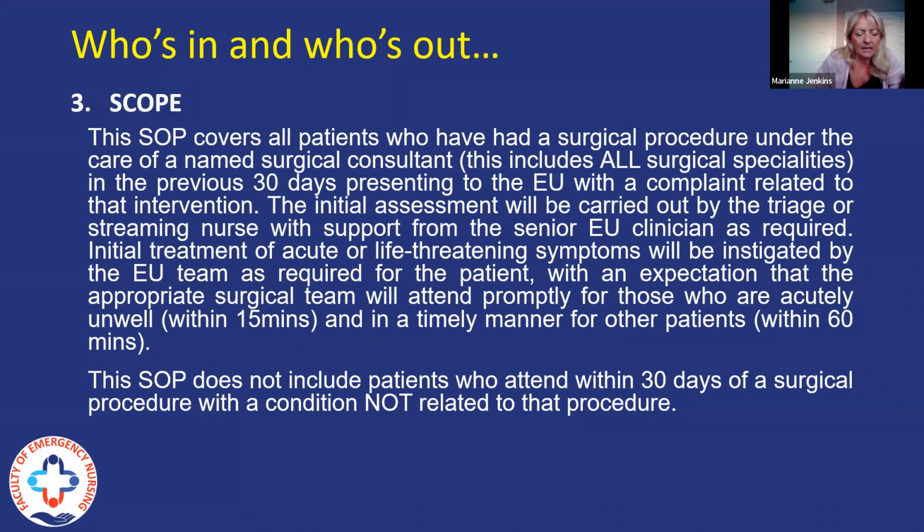So we're talking of things like wound dehiscence, infection, pain at the wound site, pain particularly out of proportion to the procedure or the time that they've presented that would be surgically related. So if an abdominal pain following abdominal surgery, the best person to decide whether that's a problem or not is the surgeon. And a general surgeon rather than an ENT surgeon, of course. So it's recognizing who they should go to as part of all of that.